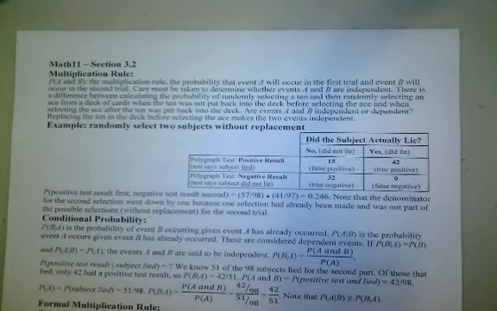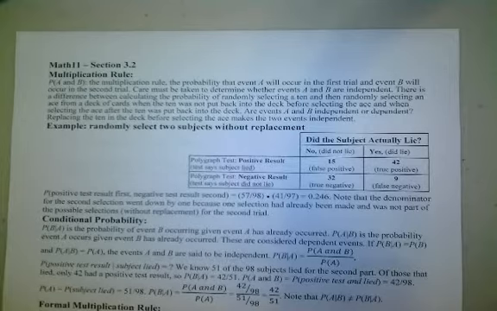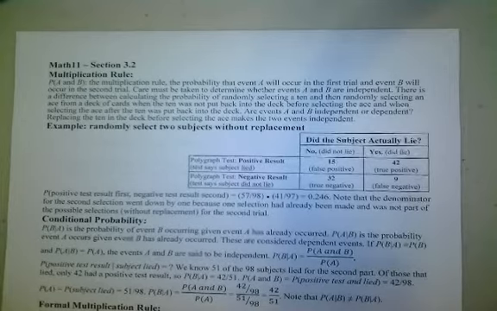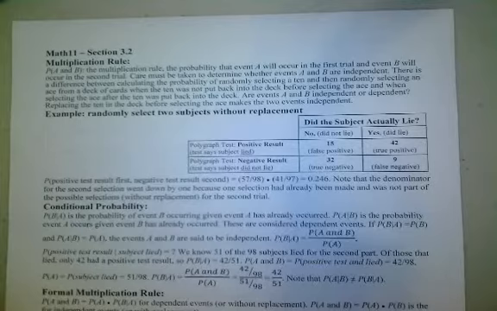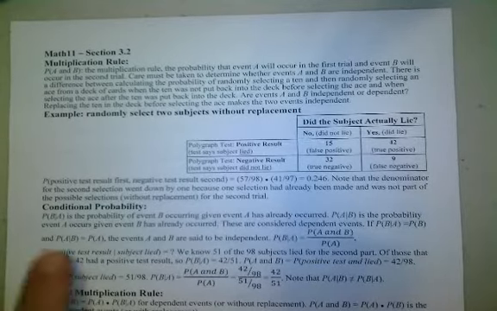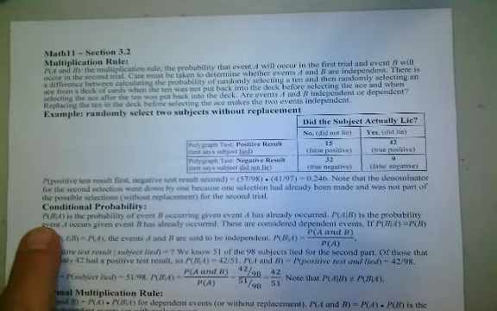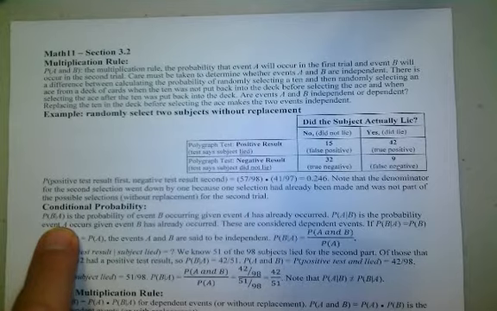So, as I said, this section is all about multiple events, and we basically multiply our different probabilities. Now, we can also have what's called a conditional probability. A conditional probability is written this way: the probability of B given that A has already occurred.